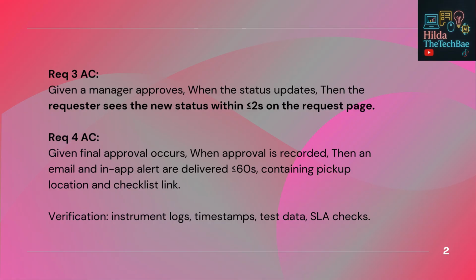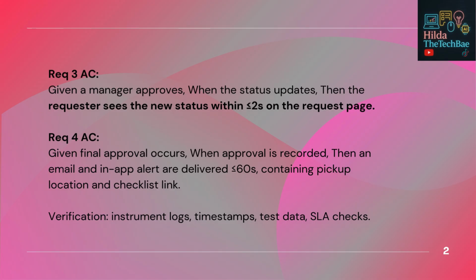Given final approval occurs, when approval is recorded, then an email and an in-app alert are delivered in less than 60 seconds containing pickup location and checklist link. So the good shall statement makes the acceptance criteria almost write themselves, as you can see on this slide.